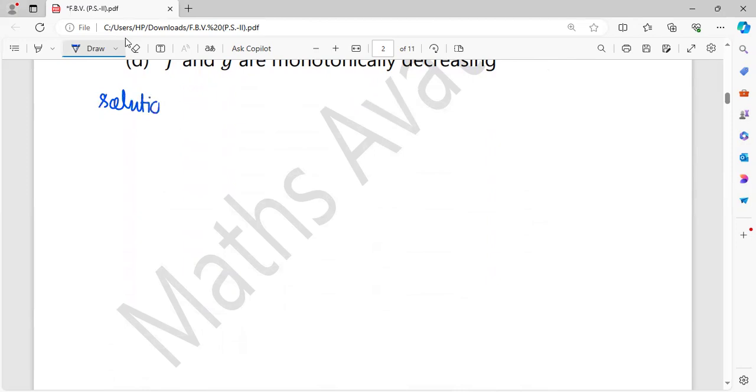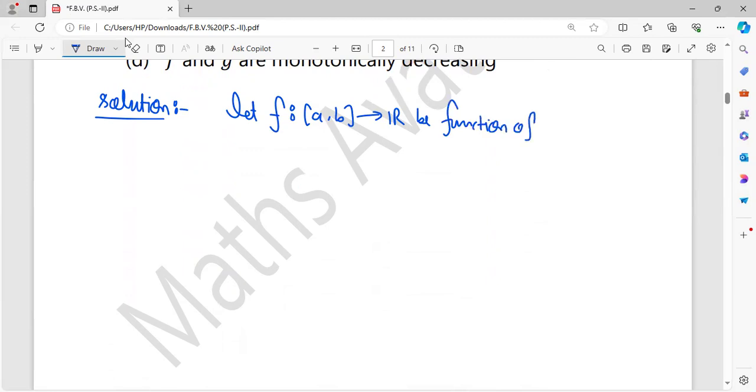Solution. Let it be given that f is a function of bounded variation with variation V f equal to f(b) minus f(a).